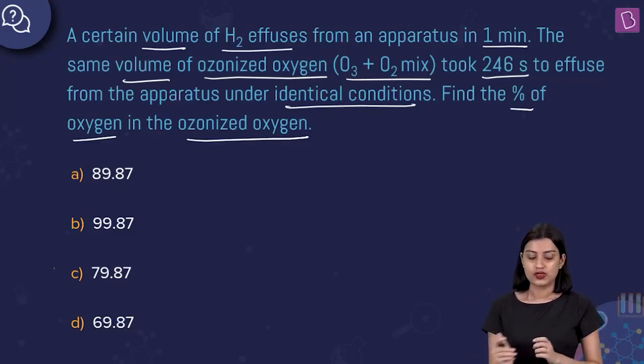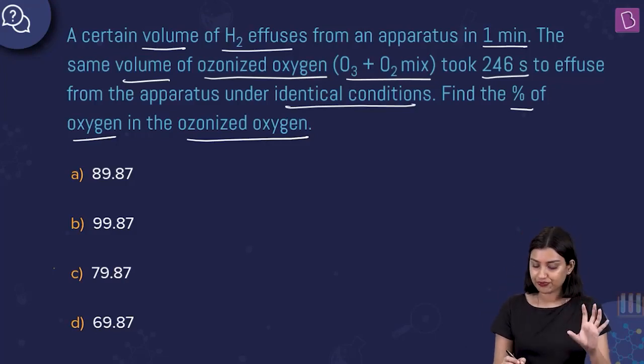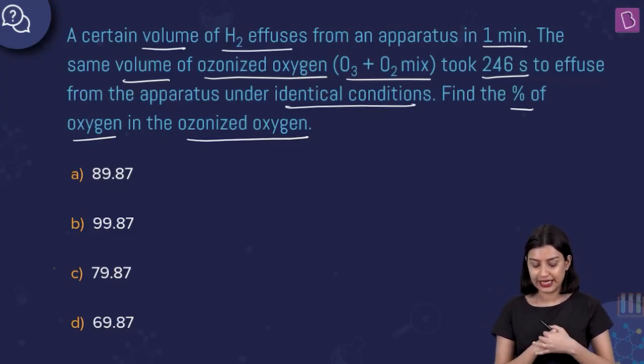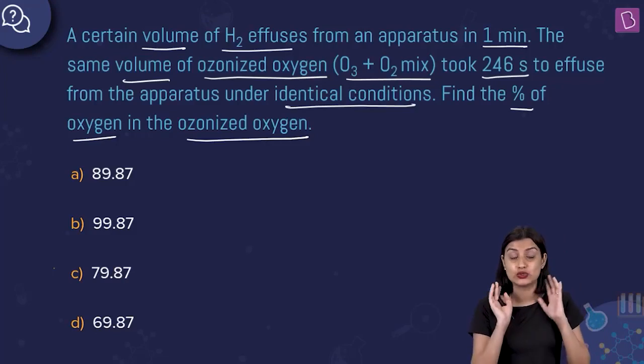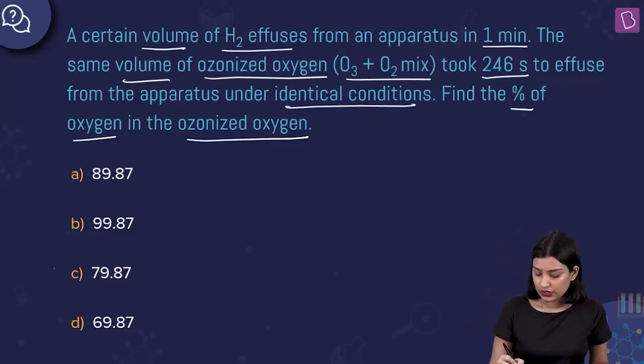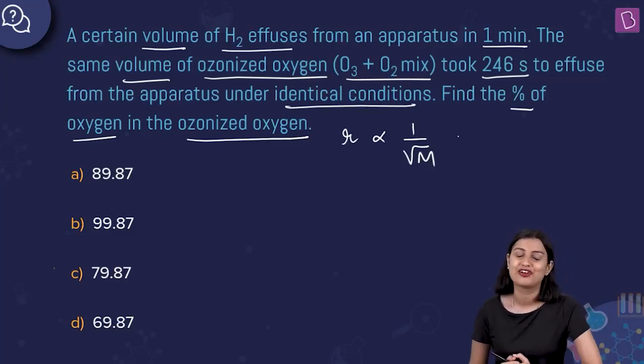So what they're saying here, first of all, is that your rate of effusion, whatever you want to call it, is what we need to calculate. So we know that here we have to use this formula. What law is this? It's nothing but Graham's law of diffusion.